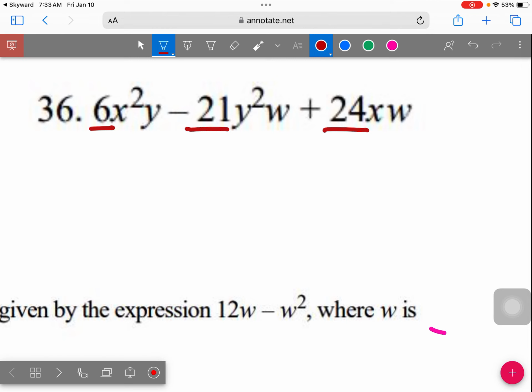Okay? Which coefficient do I look at when I start to look for the greatest common factor? The smallest one. What is the smallest one here? 6. So I look at 6 and I say, okay, 6 is obviously a factor of 6. Is 6 a factor of 21?